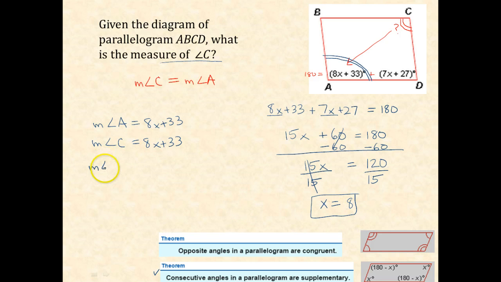So measure of angle C is 8 times x plus 33, and x equals 8. So the measure of angle C is 8 times 8 is 64 plus 33, and that is 97 degrees.